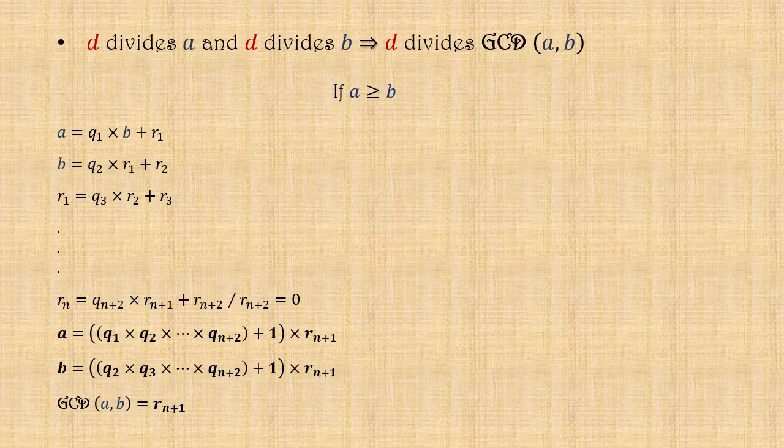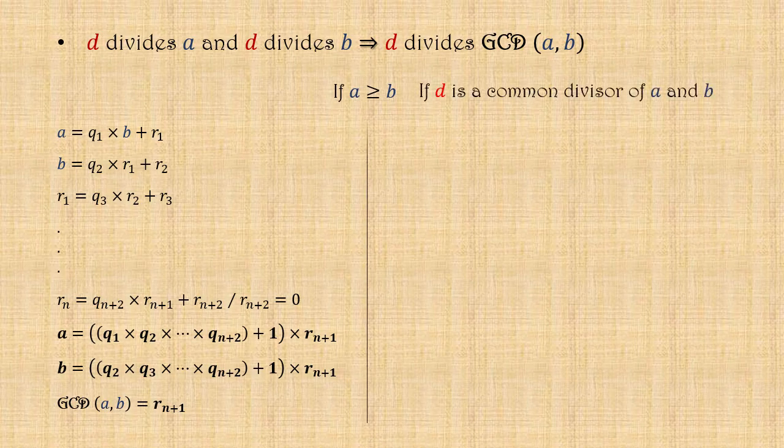Let's now reproduce these successive Euclidean divisions by taking into consideration the fact that d is a common divisor of a and b. We have a equals q1 multiplied by b plus r1. By replacing a by d multiplied by a prime and b by d multiplied by b prime, we would find that r1 equals d multiplied by a prime minus q1 multiplied by b prime. Let's note this number r1 prime.